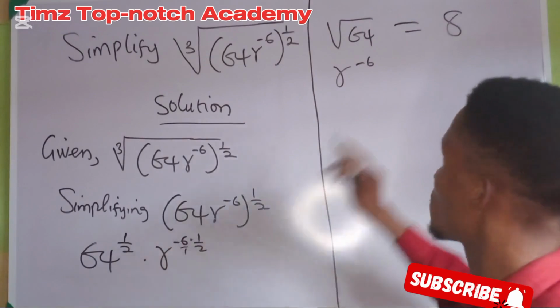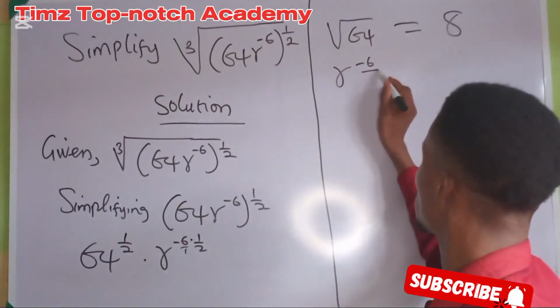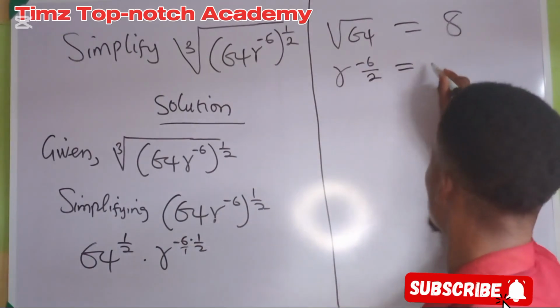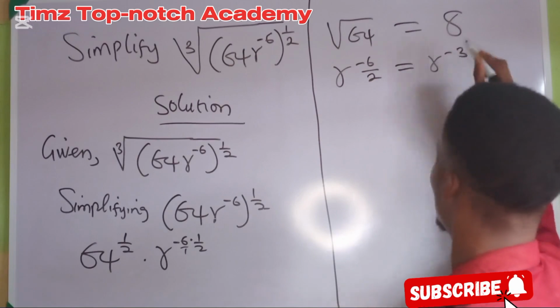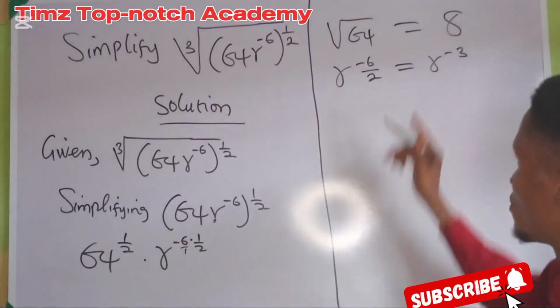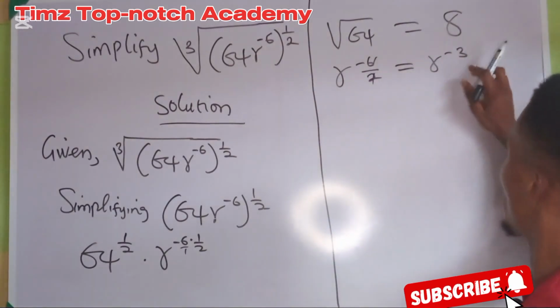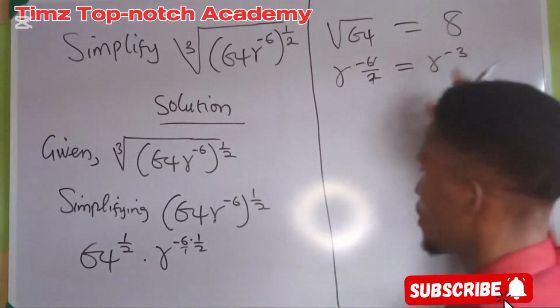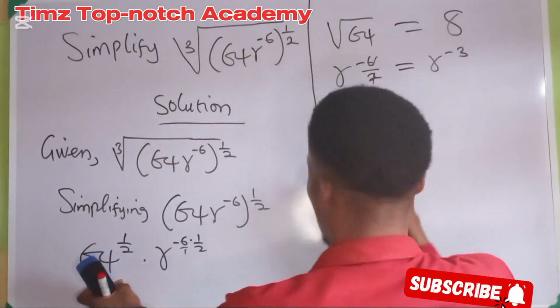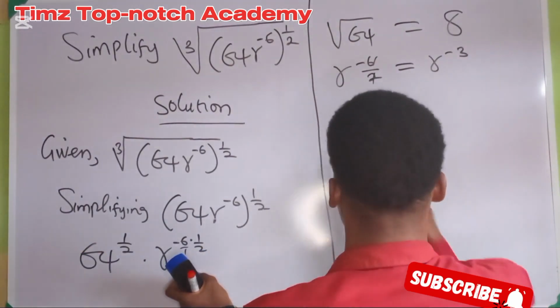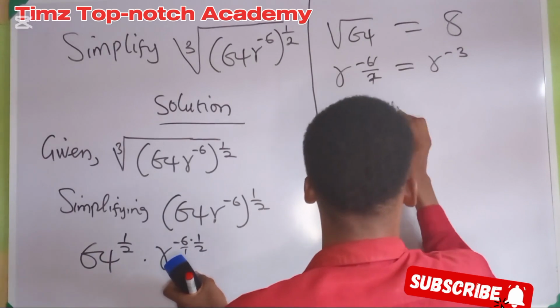Minus 6 times 1 is minus 6, divided by 1 times 2 is 2, which gives us r raised to minus 3. Bringing them together the way they are, because 64 was multiplying this, you have 8r raised to minus 3.